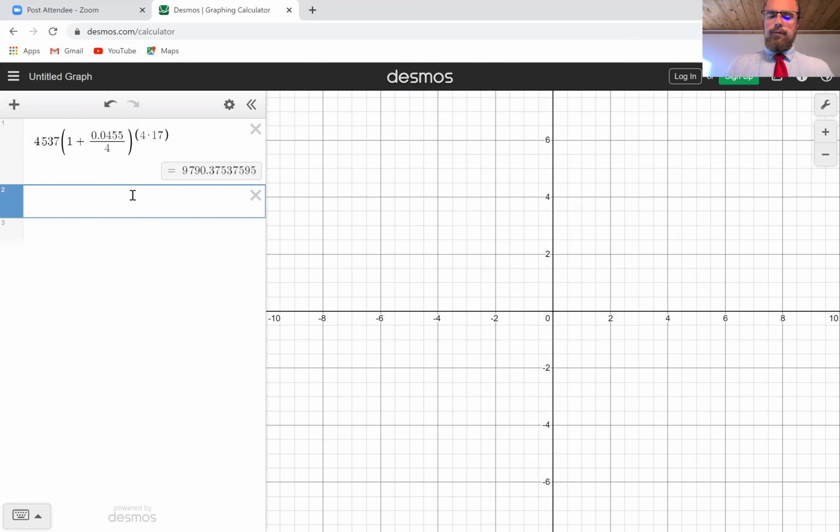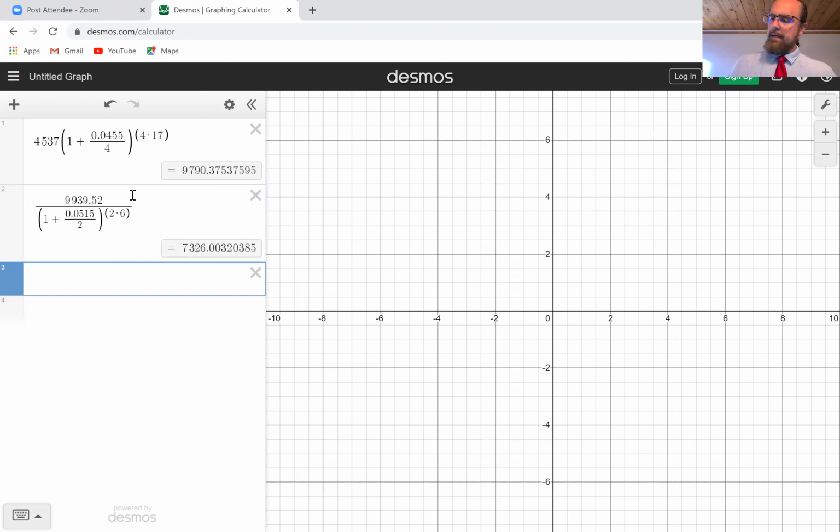So again, the future value 9939.52 divided by base 1 plus 0.0515 over 2 to the power of 2 times 6. And what that gives us is the approximate value of $7,326. And if I were to round, it would be 0 cents.